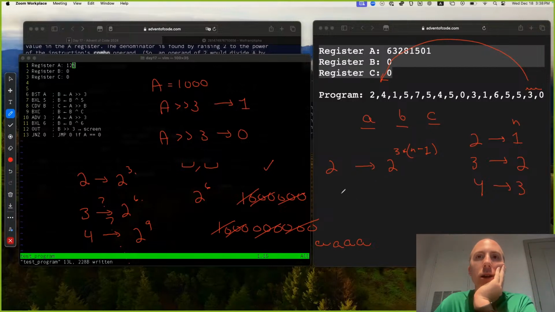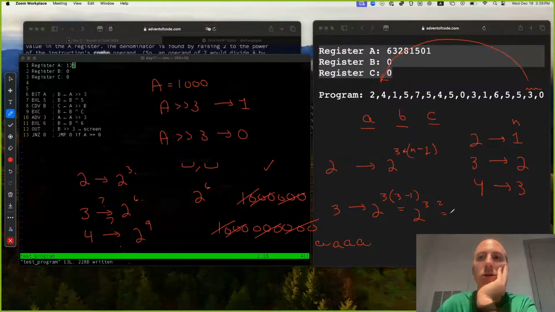So to get a program length n, like 3 for instance, you need a number that is at least 2 to the 3 times 3 minus 1, which is 2 to the 3 times 2, which is 2 to the 6th. That checked out there.